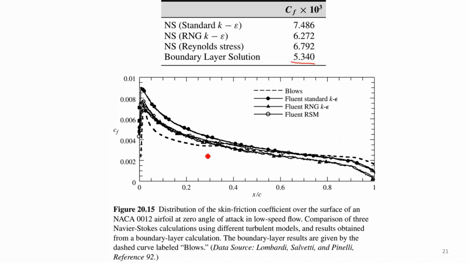Each turbulence model is adjustable. It can be adjusted according to reference simulations or according to reference experiments. Okay, here Anderson shows that there can be a significant difference between shear stresses along the surface for different turbulence models.